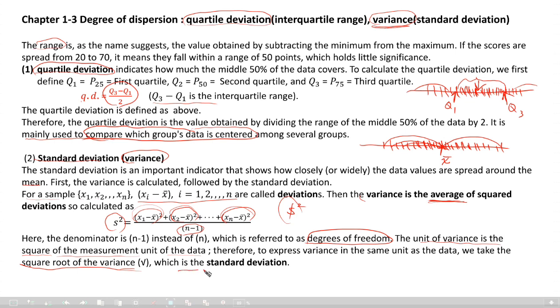That's why we call it standard deviation: S equals the square root of the summation of (xi minus x bar) squared divided by n minus 1. Got it? If you get variance 16, then standard deviation is 4. If you have standard deviation 3, then the variance will be 9, even though those two have different units.